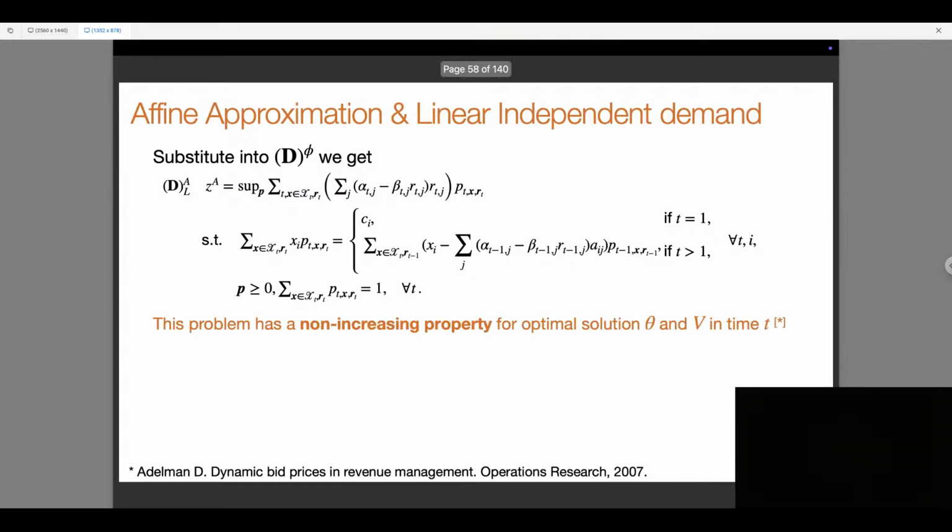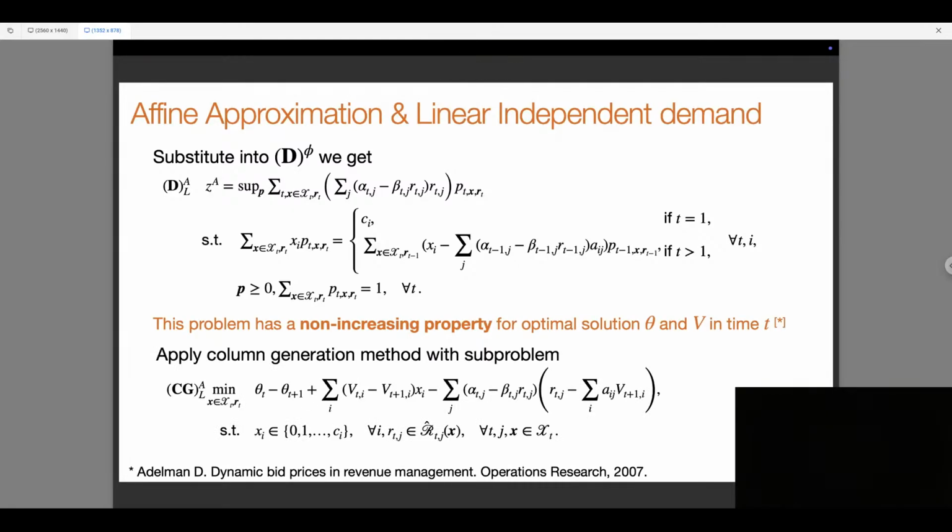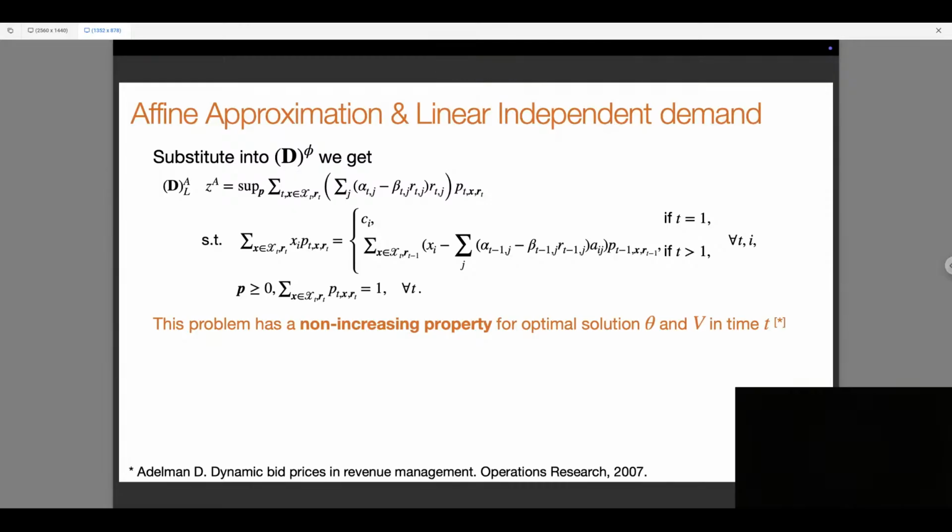And here, the problem has a non-increasing property for the optimal solution phi. This problem is also the primal problem.